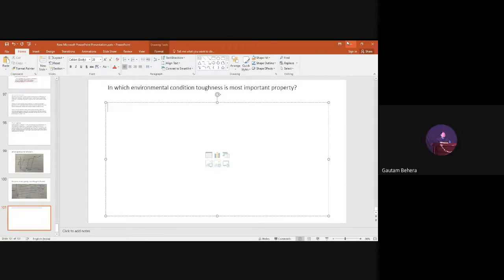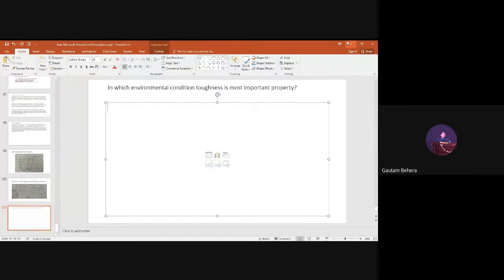Okay. Do you think that the steel is made up of austenite? Are you sure about that? Is that an austenitic steel? I'm not sure actually. Okay. Anyway, the ship collided with an iceberg, right? The moment it collided with an iceberg, the ship should have the property that it should absorb the energy.